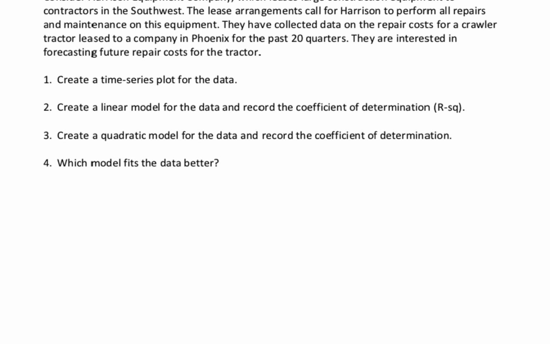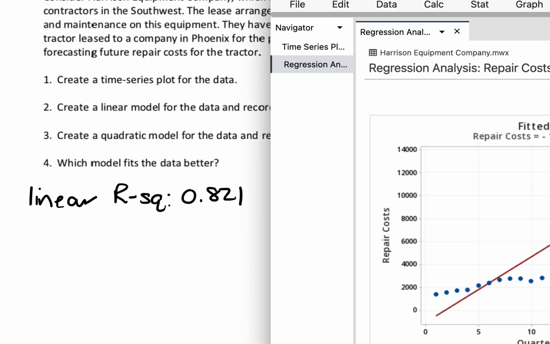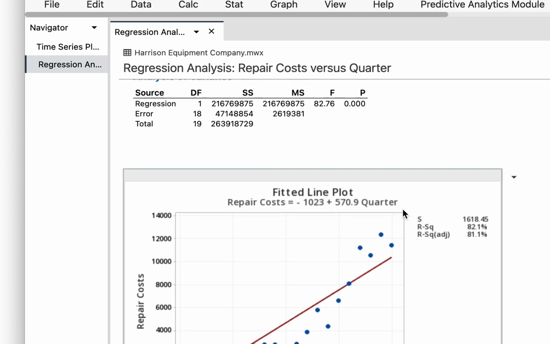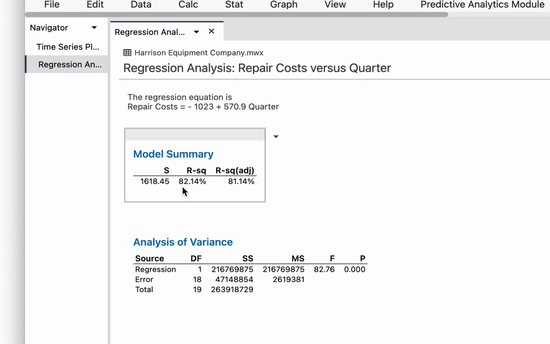And then I'm going to switch to creating the quadratic model. Remember, in MyLab, you're going to need to convert this percentage for the R squared value into a decimal. So that would be 0.821. They want you to have 3 digits after the decimal point.